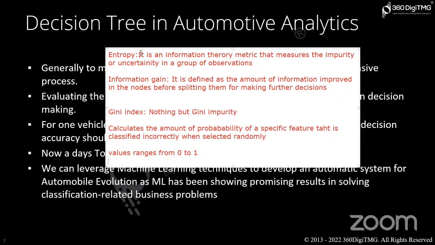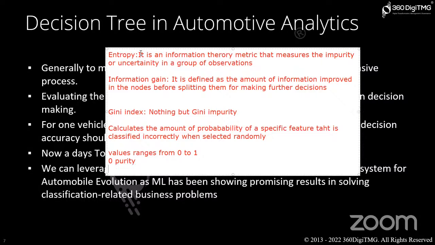If it is 0, it is purity, and impurity is nothing but 1, and 0.5 represents an equal distribution of elements.